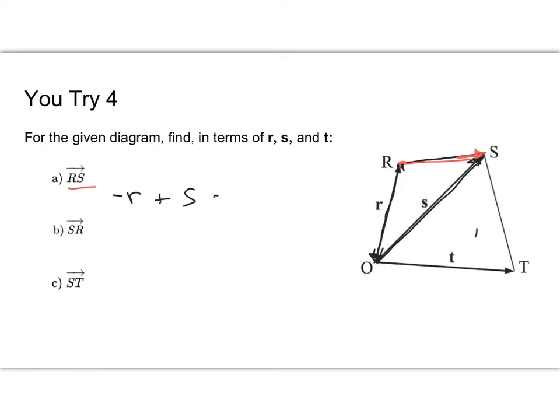By the way, I could also write that as s minus r, and to prove that to you, I'm going to draw that situation in blue. So if I do s here, and then I subtract r, or add negative r, that's a vector with this magnitude and direction. So I'm going to do my best to replicate that.